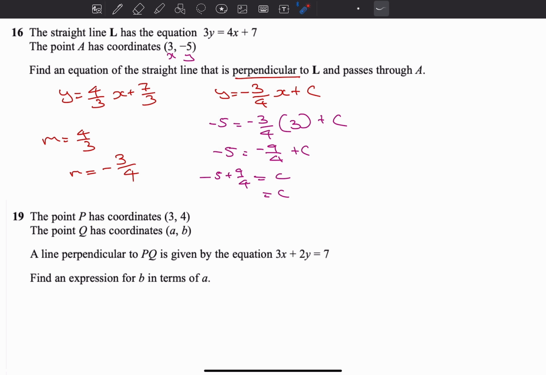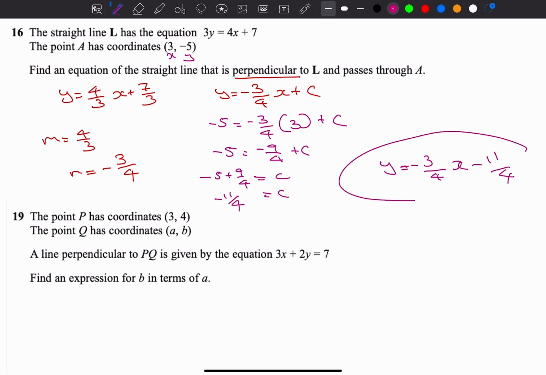When you multiply, remember you could do minus 3 times 3 is minus 9. So that is going to give me minus 5 plus 9 over 4, minus 11 over 4, and y equals minus 3 over 4x minus 11 over 4, and that's the equation.